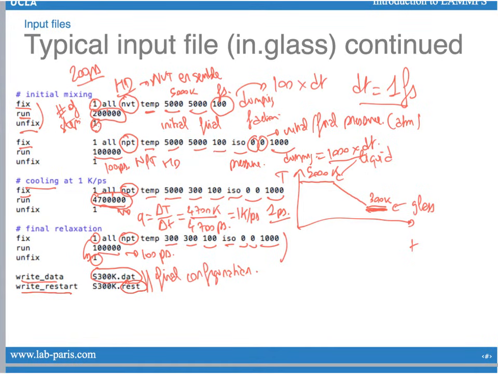So usually, again, we will use the command write_restart. In both cases, for write_data or write_restart, you need to use the command and then provide the name of the files where you want to save this information.